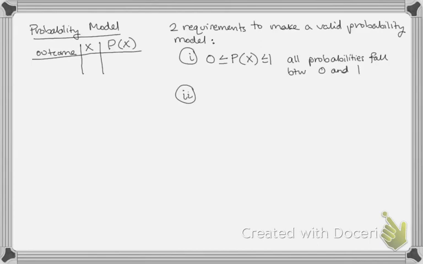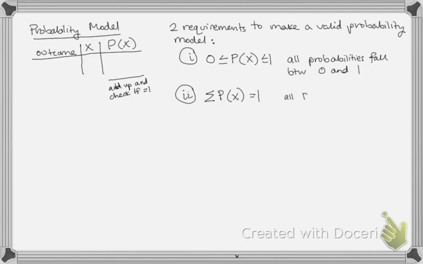We need to check whether or not the sum of all the probabilities here equals 1, okay? So what we mean by that is when we add up all the values in the P of X column, right? Add them up, and check if they're equal to 1. That's what this is saying. So I'm going to write that in words.